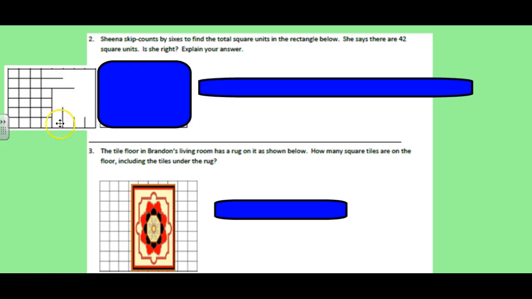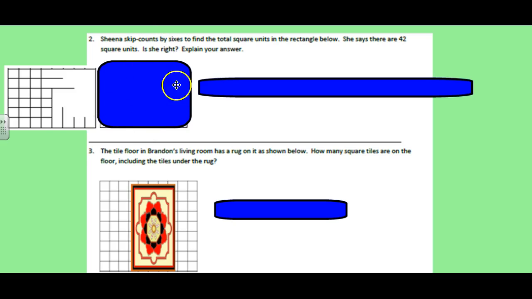This bottom part would help us because you can see that these lines are drawn a little bit. So I can see just from this bottom row that there would be 1, 2, 3, 4, 5, 6, 7, 8 different squares in it. So that will help you figure out if she's going to be able to have 42 square units or not.